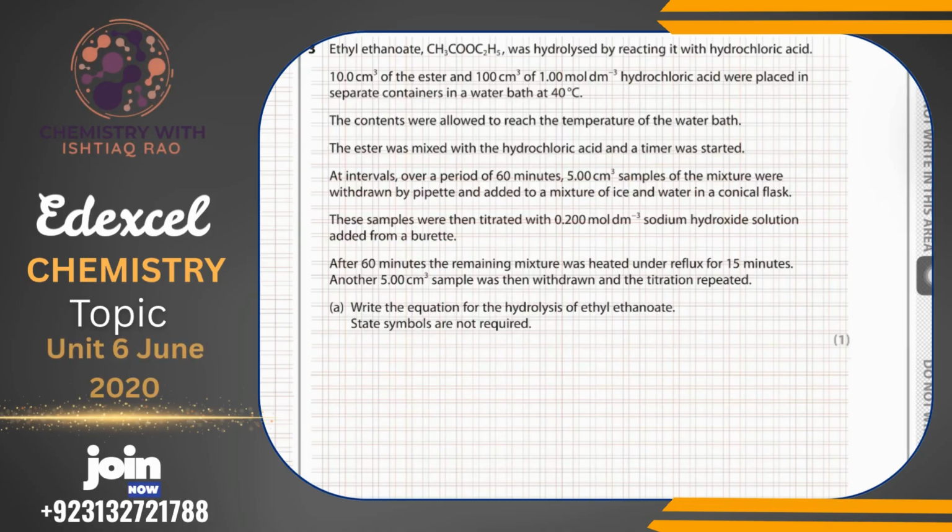These samples were then titrated with 0.2 mole per decimeter cube sodium hydroxide solution from a burette. After 60 minutes, the remaining mixture was heated under reflux for 15 minutes. Another 5 centimeter cube sample was then withdrawn and the titration repeated.